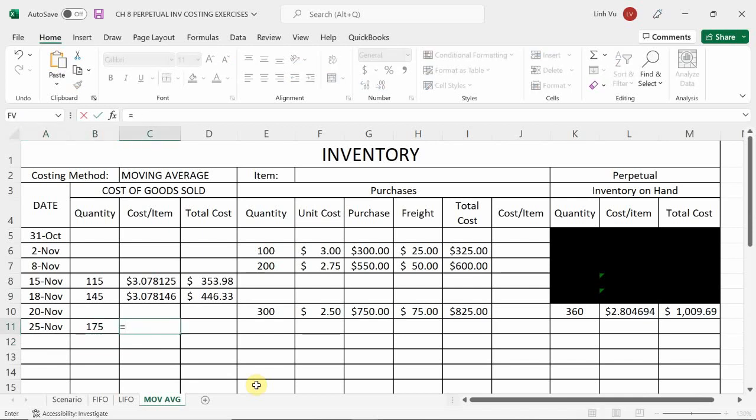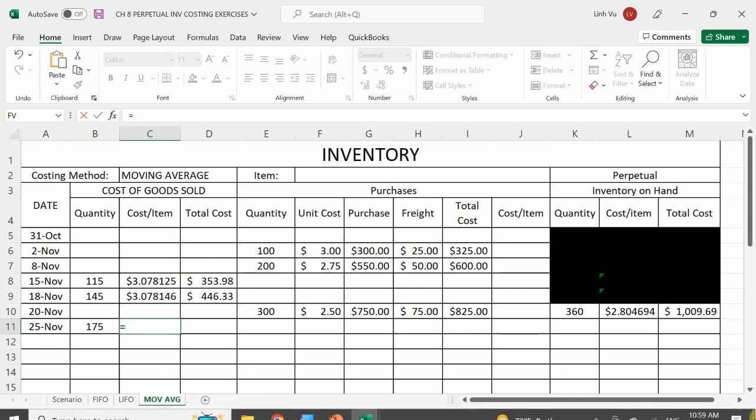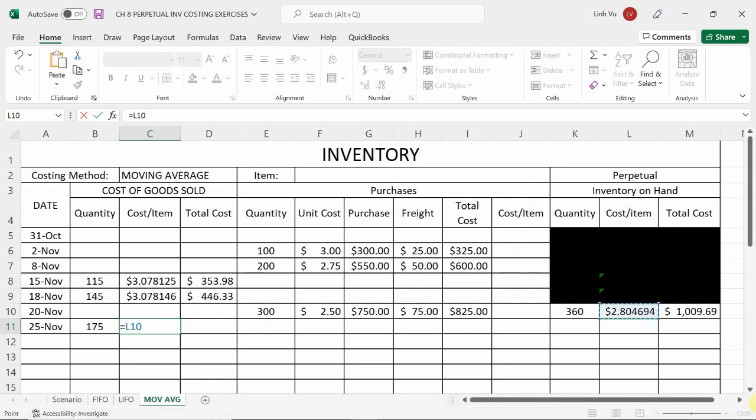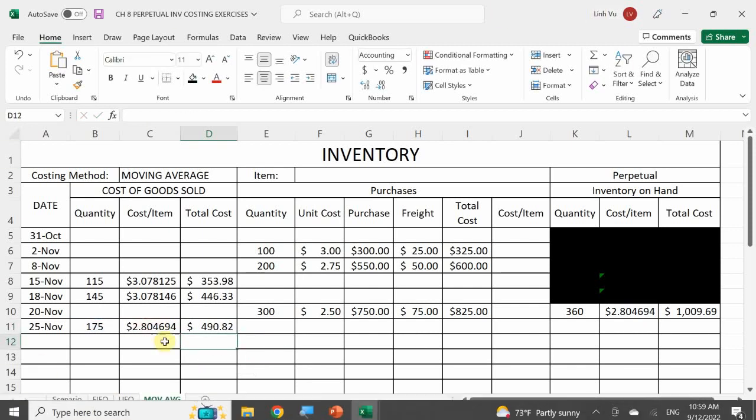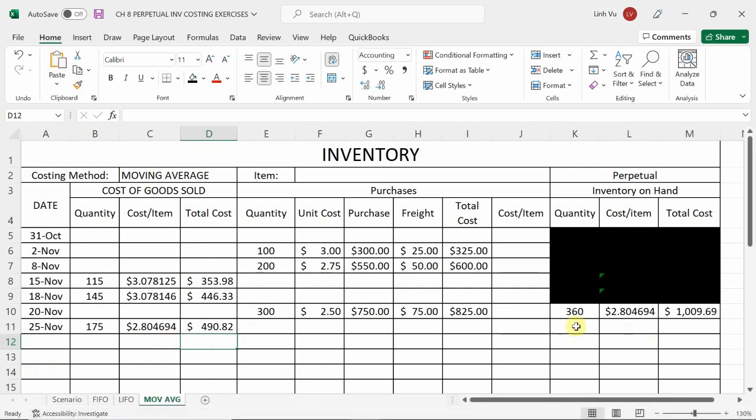So if my new average cost per item is 2.804694, how much is my grand total cost of goods sold? $490.82. Good. So in this case, let's subtract it out.